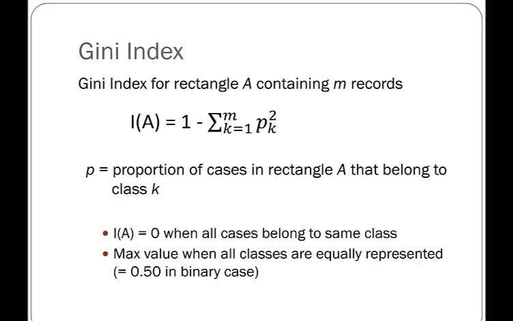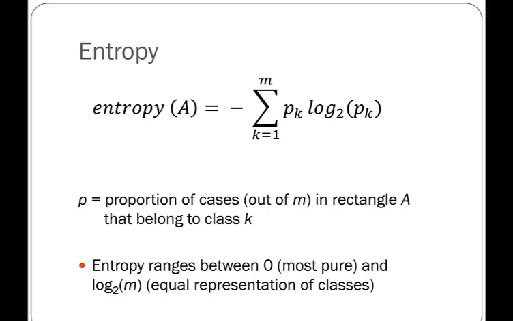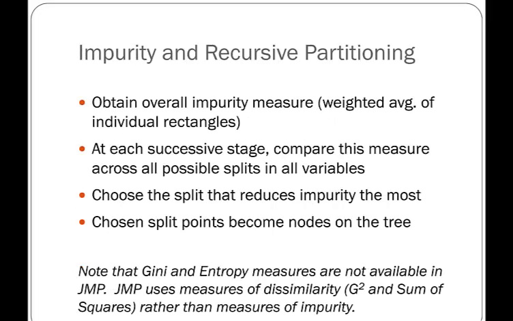So we've got this Gini index, and there's another measure called entropy, and I'm not going to get into these too much. You can read about them in the textbook if you like. Turns out JMP does not use these. Instead, it uses the G² and the log-worth measure. So just to show you, there are lots of other ways to think about these things. Instead of using measures of impurity or purity, JMP uses measures of dissimilarity, the G² and sum of squares.